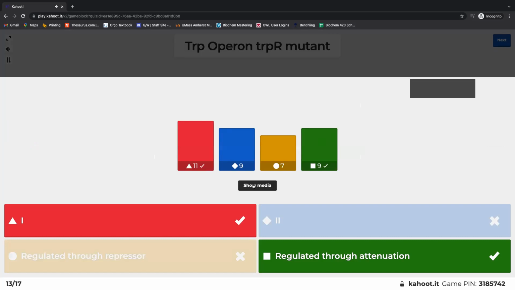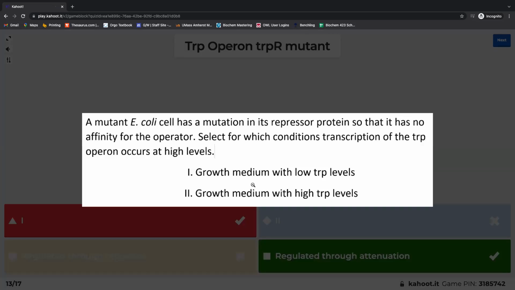Right, so in this case, even though the repressor is non-functional, it does not bind to the operator. There is still attenuation that can occur. So when you have high trp levels, you're probably also going to have high trp tRNA levels, right?